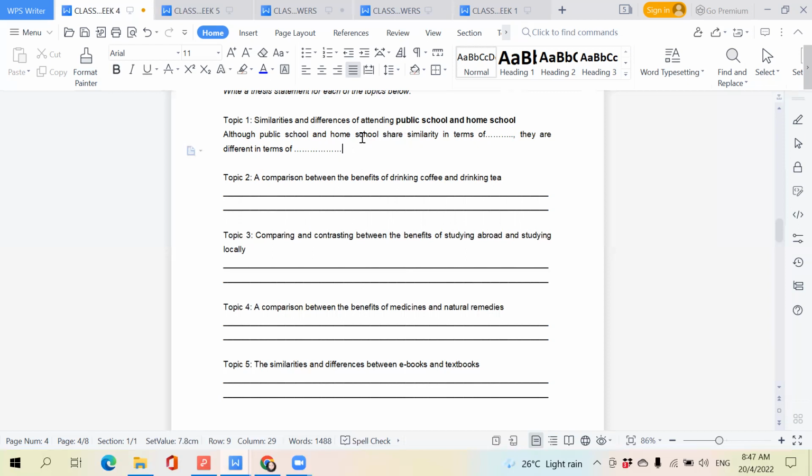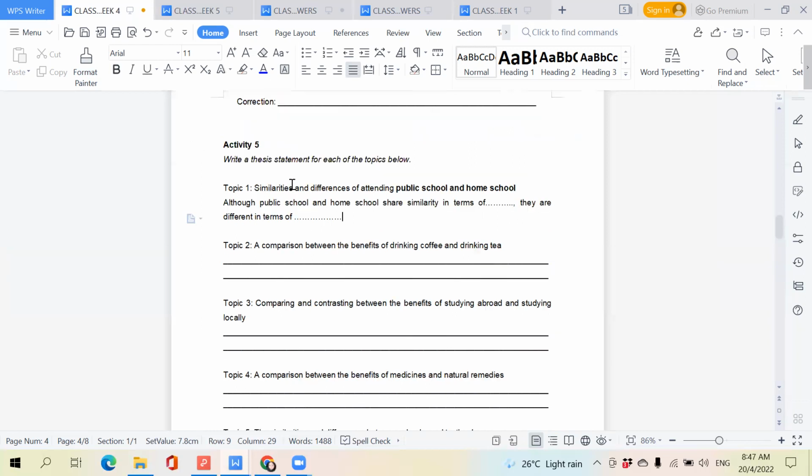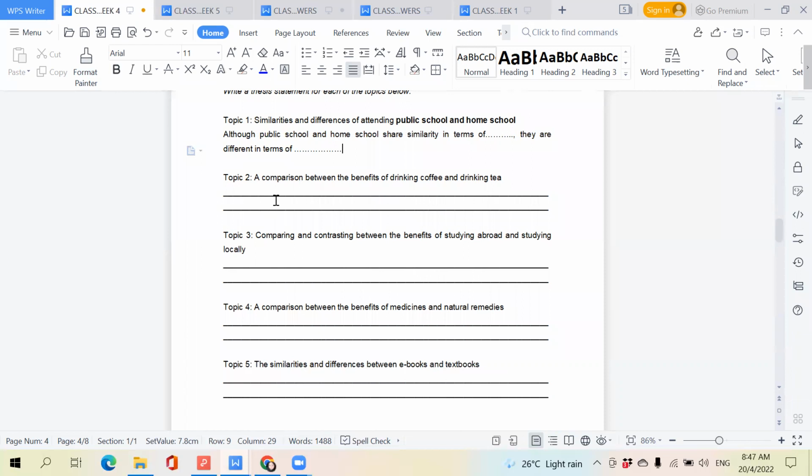Then you say, share similarity in terms of what? Different in terms of what? Okay, done. So what I want you to do is to complete activity 5, topic 2 until 5, and then we will discuss this later. So topic 2, topic 3, topic 4, topic 5, try writing your own thesis statement now.